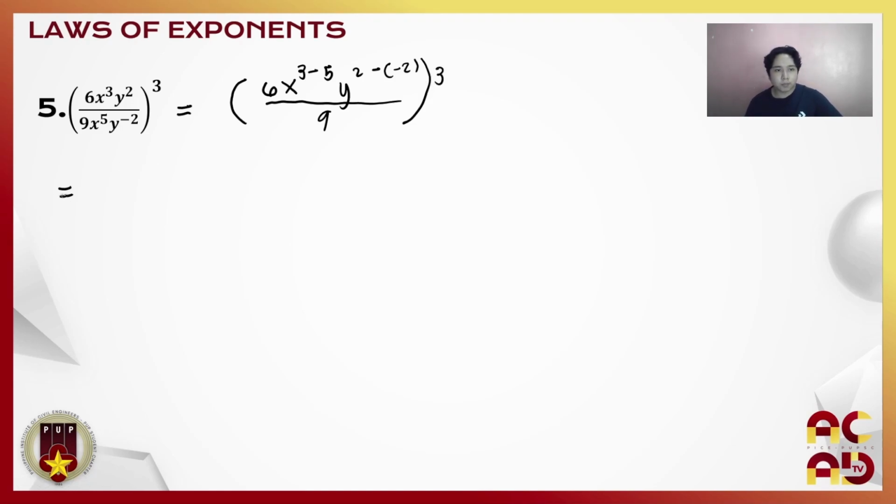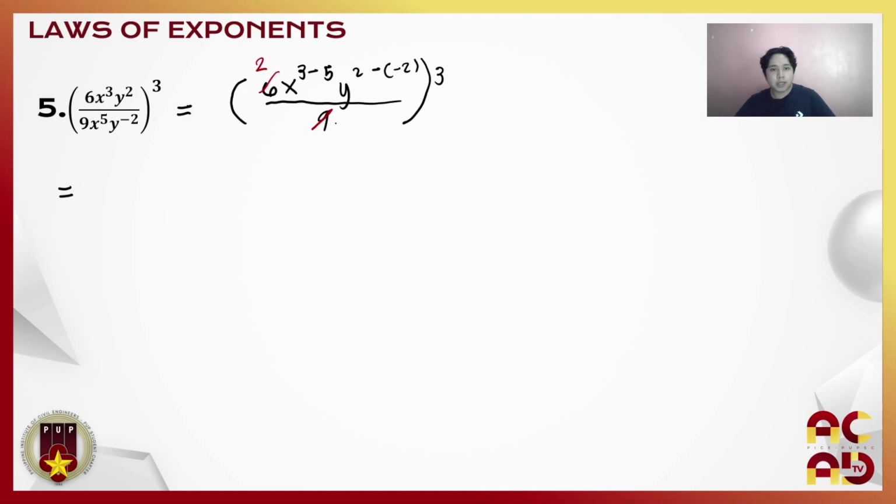So, dito, pwede nating i-simplify muna itong mga numerator. Then, dito sa 6 and 9, divisible sila by 3. So, 6 divided by 3, ito magiging 2.